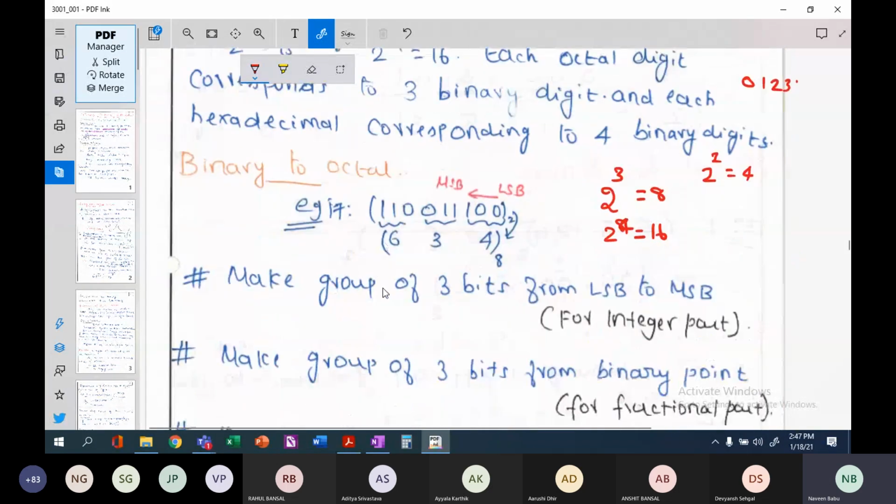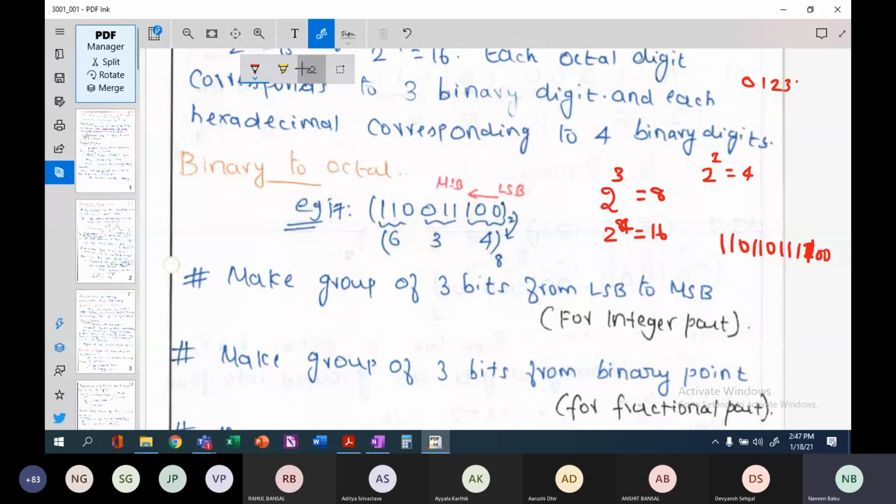Okay, now how do you convert from binary to octal? If you have a binary number, say I'm just writing a random number, 110110111100 to the base 2.